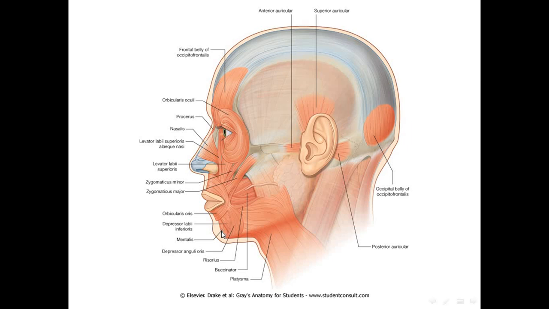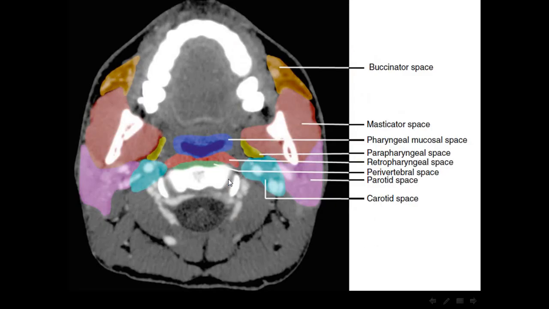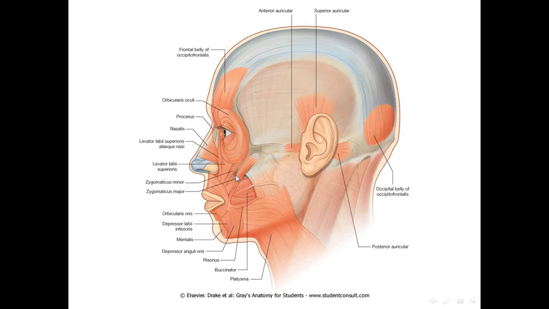We have the mentalis on the chin, and we have the zygomaticus minor and major. There is also a small portion of the levator labii superioris, called levator labii superioris alaeque nasi, at this area on the lateral side of the nose. It's another head of this muscle.